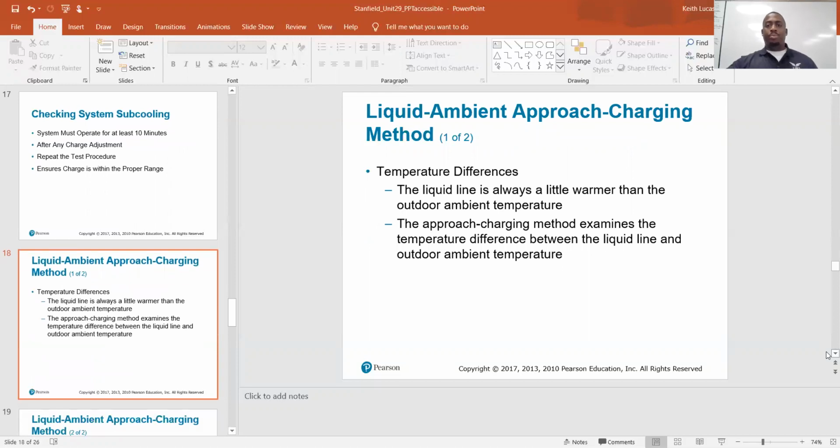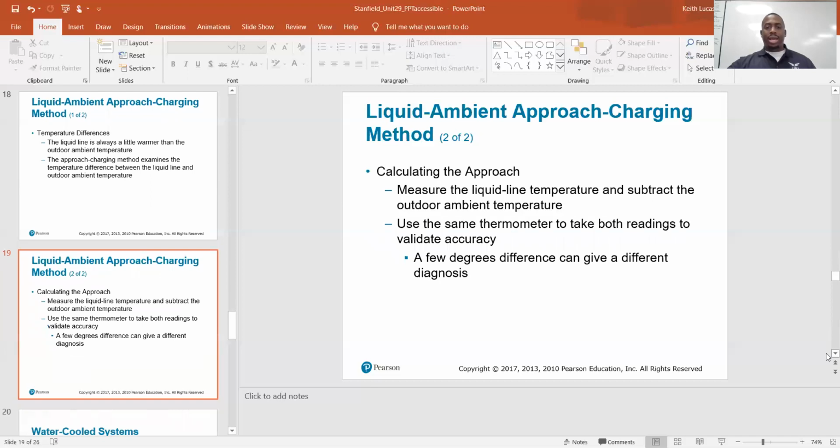Liquid ambient approach charging method. The liquid line is always a little warmer than the outdoor ambient temperature. The approach charging method examines the temperature difference between the liquid line and the outdoor ambient temperature. Calculating the approach: measure the liquid line temperature and subtract the outdoor ambient temperature.